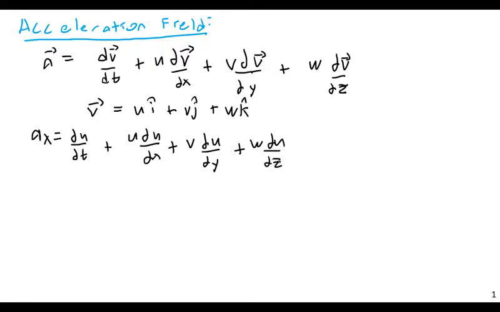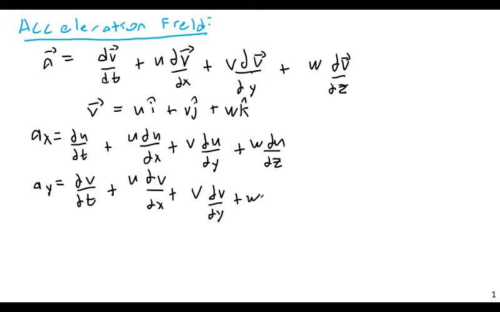So just reviewing through a few equations here. And ay is equal to the partial of v with respect to t, plus u times the partial of v with respect to x, plus v times the partial of v with respect to y, plus w times the partial of v with respect to z.